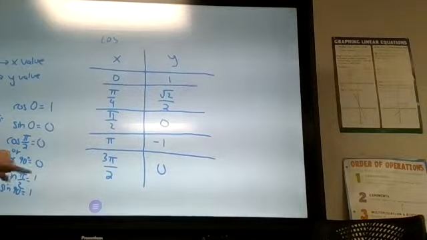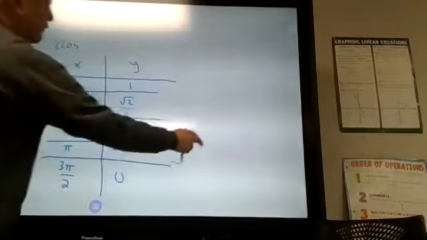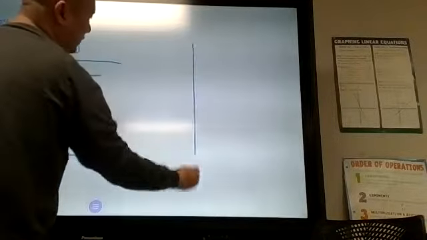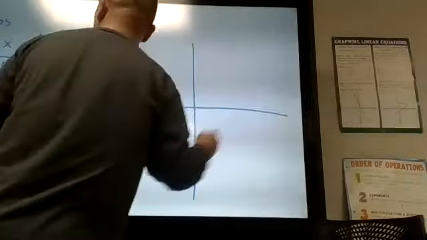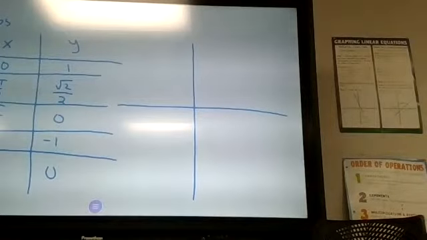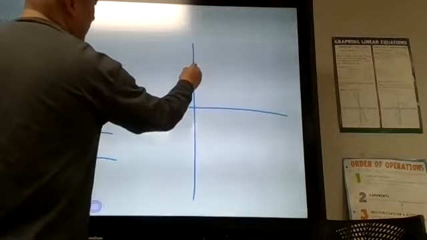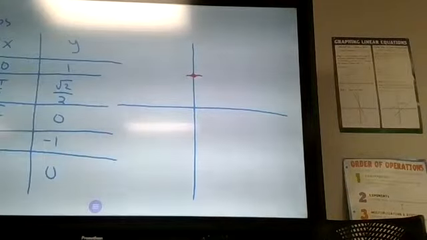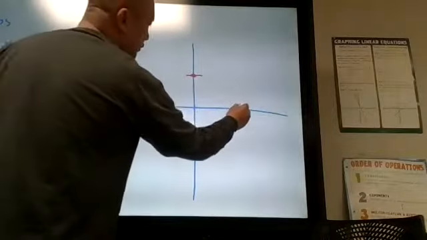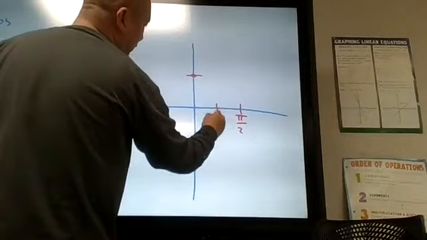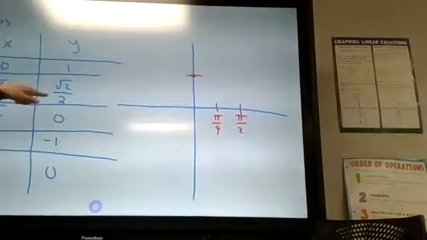Now let's move this a little bit more, and let's graph this. Okay, so if I were to graph this here, okay, let me try a different color. All right, 0, 1 is up here. Okay? And then if I do pi over 2 right here and pi over 4 right here, pi over 4 is root 2 over 2.